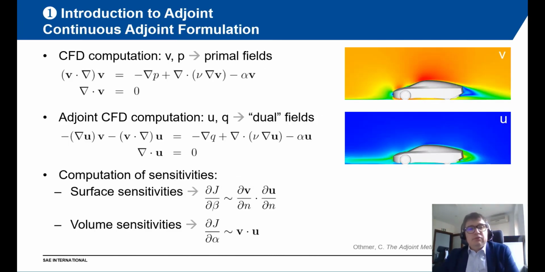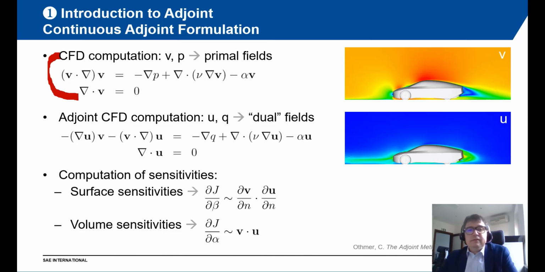A few words about the continuous adjoint formulation, and this again comes from the theoretical work done by Dr. Caster Optner, and it starts from the Navier-Stokes equations, for which we have the momentum equation and the continuity equation, which are shown here.